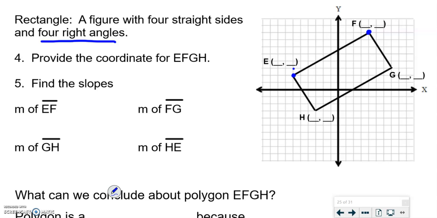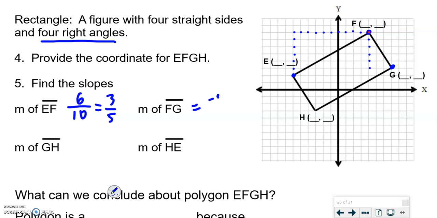So the rise is 1, 2, 3, 4, 5, 6. Okay? So rise is 6, and the run 1, 2, 3, 4, 5, 6, 7, 8, 9, 10. Which can be reduced down to 3/5. Each divided by 2, and that's how we get that. And FG, so F to G. From here to here, I have to go down 1, 2, 3, 4, 5.